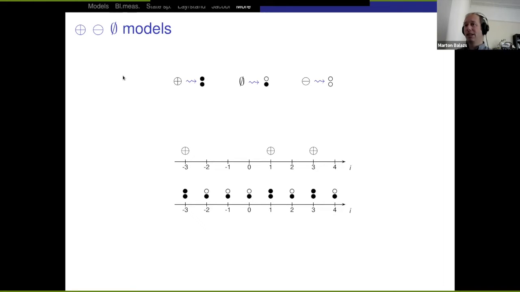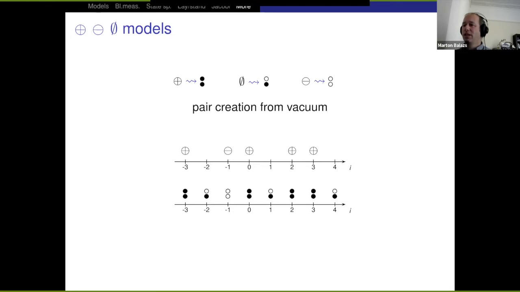And I claim that this is really nothing else but a 0-1-2 model, 0-1-2 particle system. So plus will mean 2 particles, empty site means 1 particle, and minus will mean 0 particles. And if I play the movie, then you'll see that it exactly is the same thing. So plus goes to the right means that a particle from 2-1 moves over, and it results in 1-2.